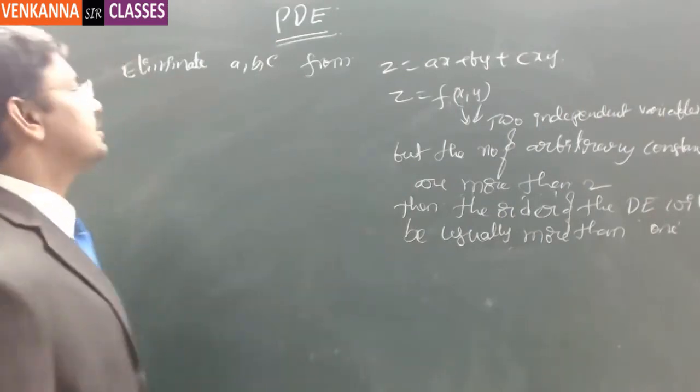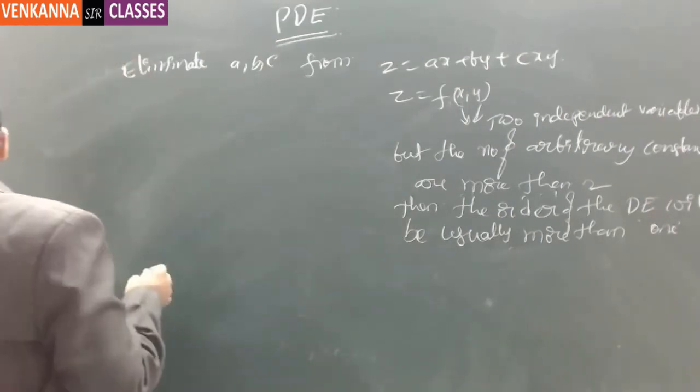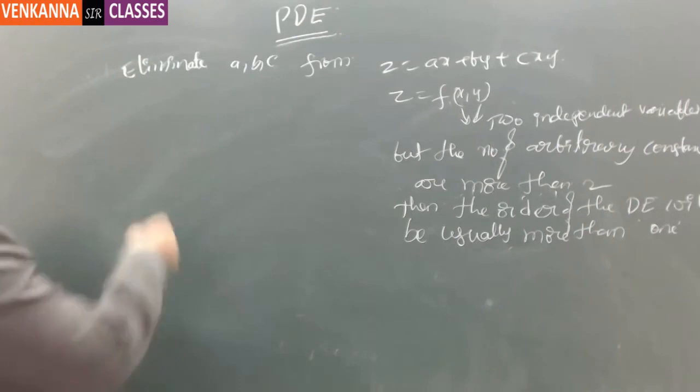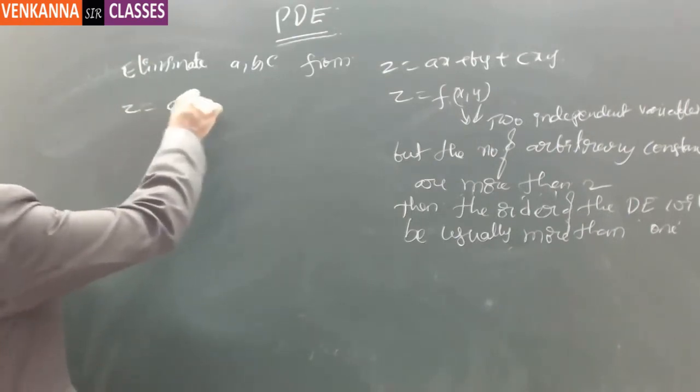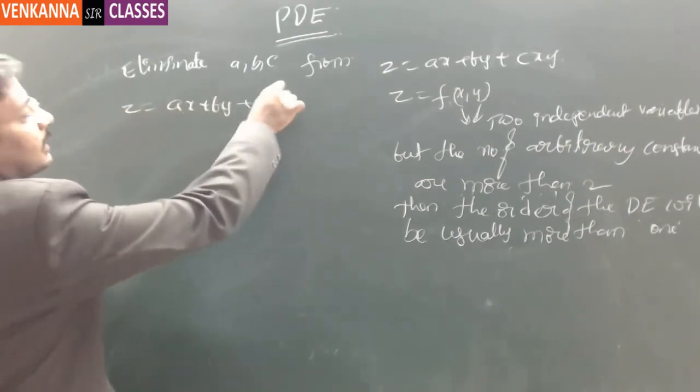Now if you notice, in this particular equation, z is equal to ax plus by plus cxy.